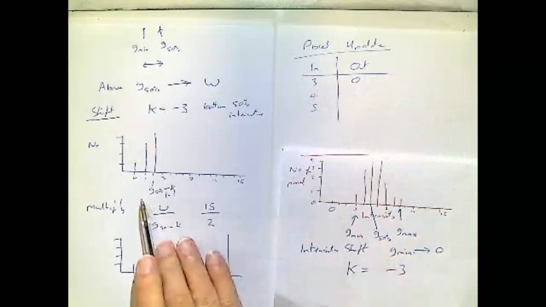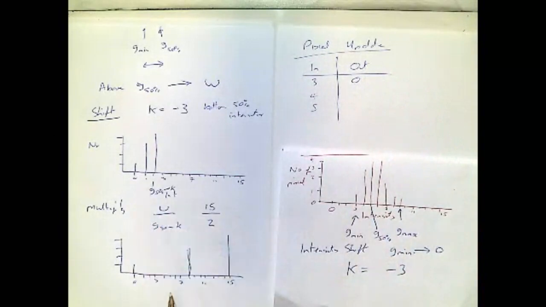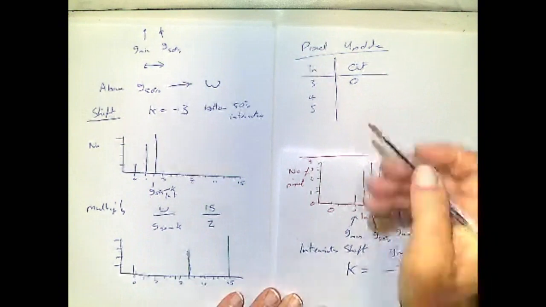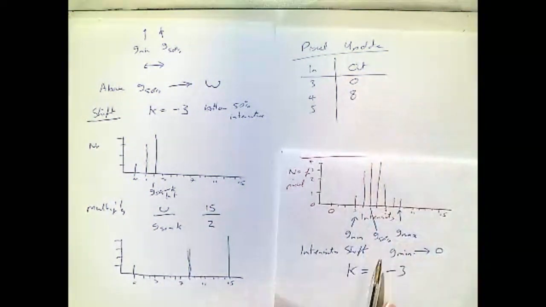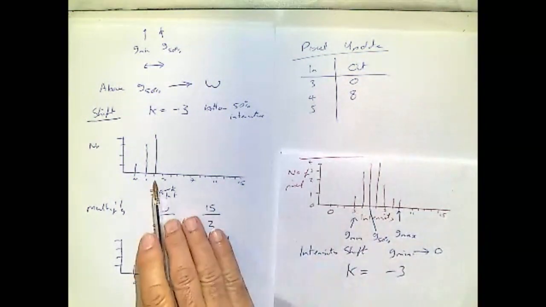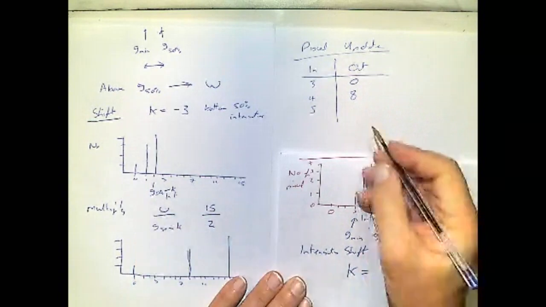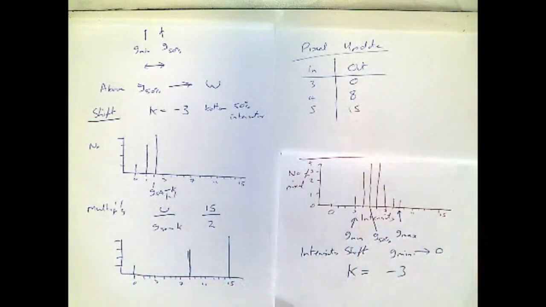The 4 after shift is 1, after multiply it becomes 8. And the 5 after shift becomes 2, after multiply becomes 15.